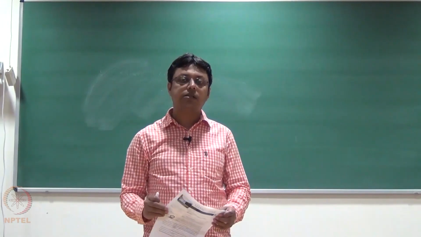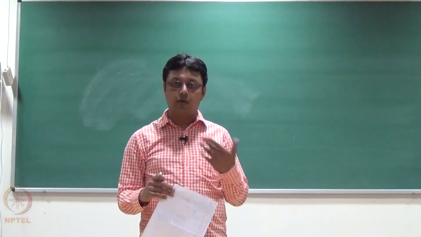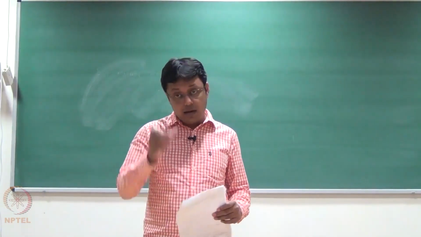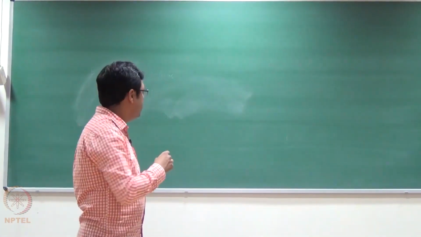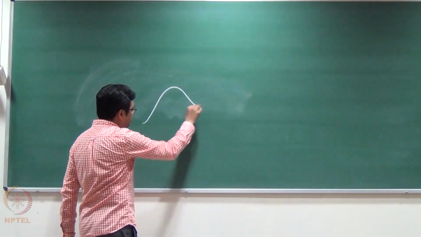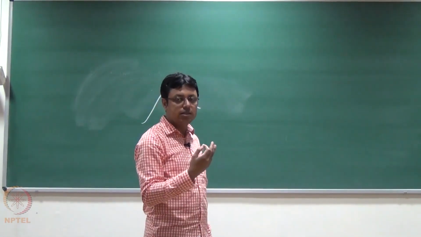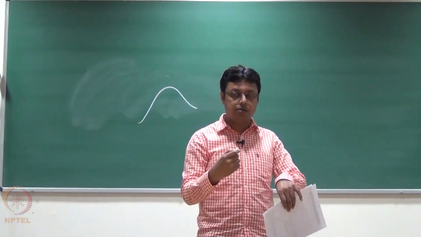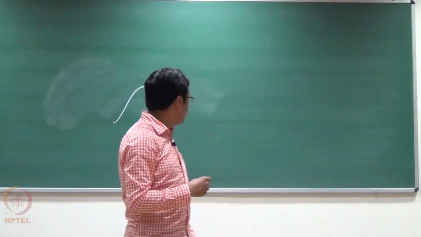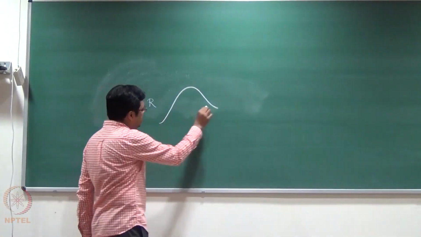For a bimolecular reaction, there are two molecules colliding with each other, and what Eyring and Polanyi visualized is that there is a potential energy surface. This is the potential between the molecules, where this side is the reactant side, A plus B, and this side is the product side.